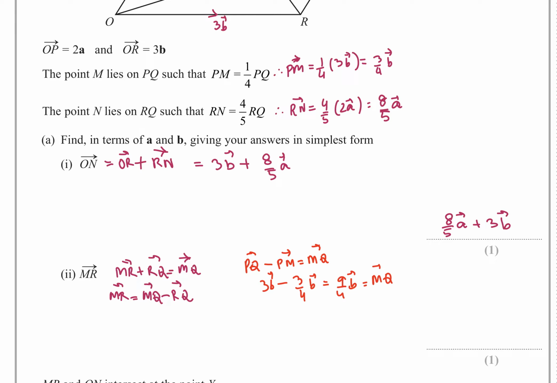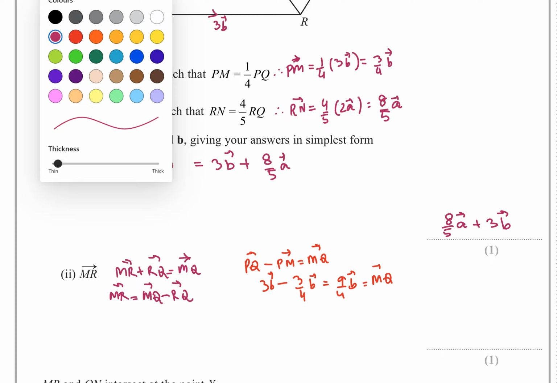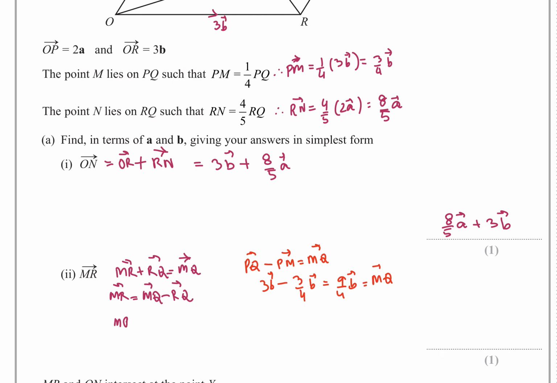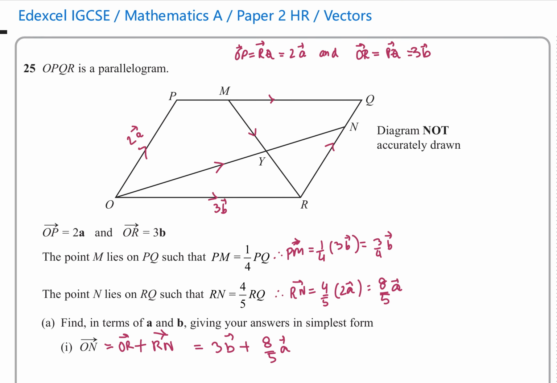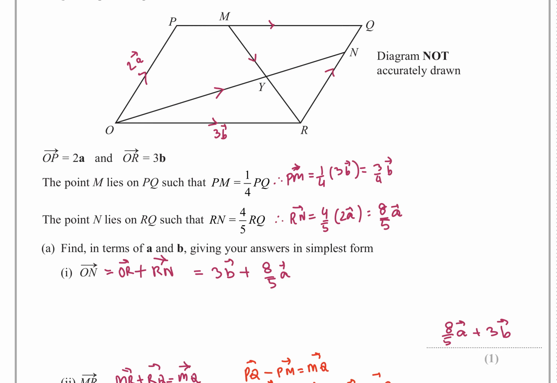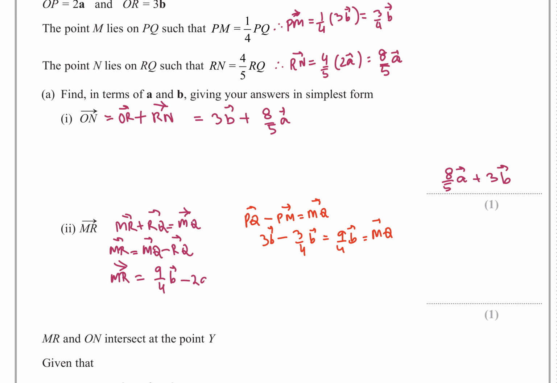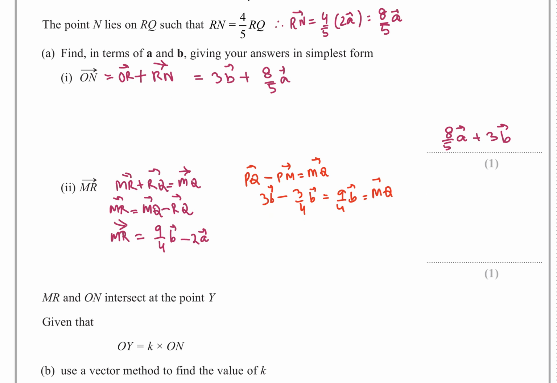Therefore, what we need to find is MR. MR is equal to MQ, which is 9 over 4 B, minus RQ, which we know already, and RQ is 2A. So this is minus 2A plus 9 over 4 B.